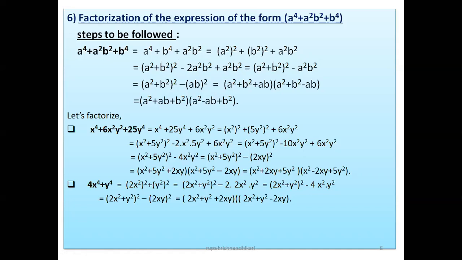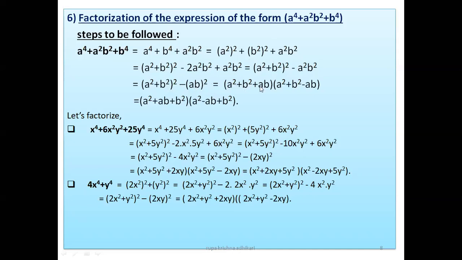Which is equal to (a square plus b square) whole square as it is, minus 2a square b square plus a square b square. These are like terms, so you can simplify it. You will get minus a square b square. Now you can see these two terms can be written in the form of a square minus b square. Hence (a plus b) into (a minus b).